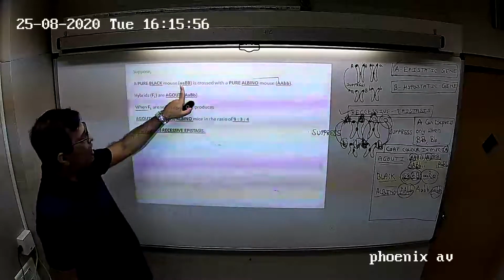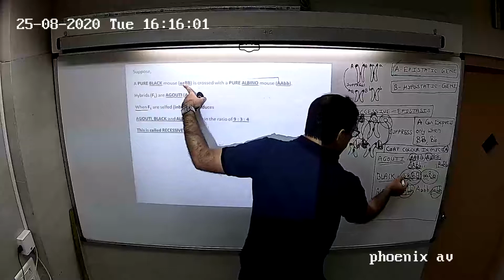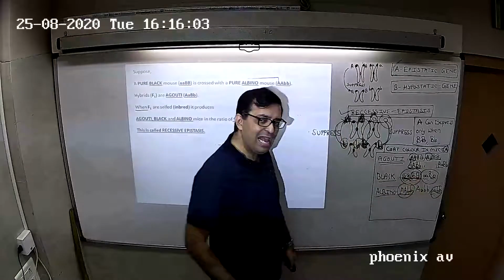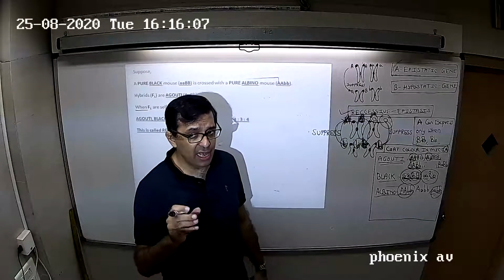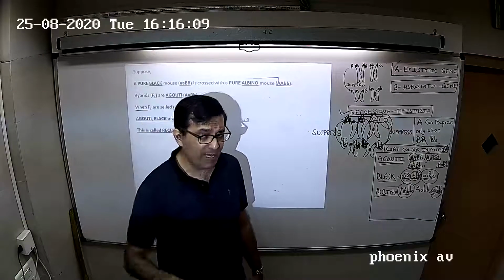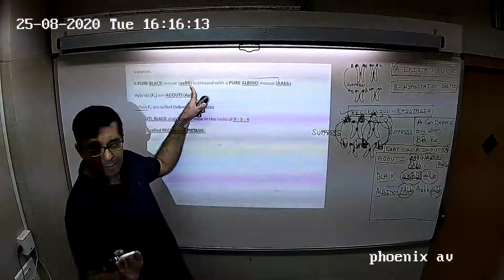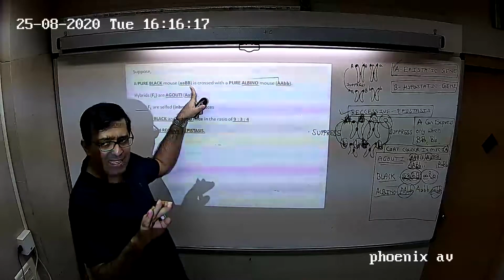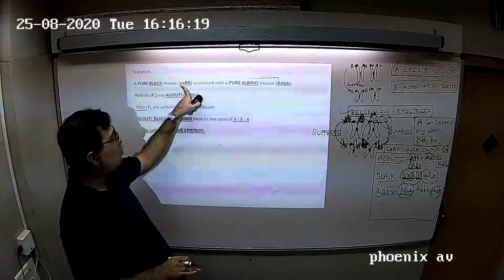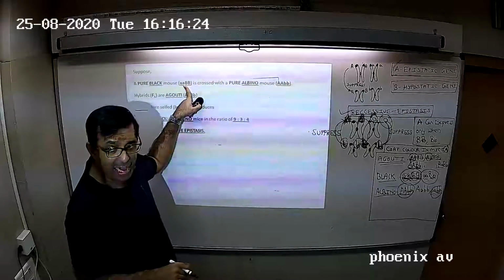Now, what does small a produce? Black. But capital B is there, so what will it become? Black, because there is no recessive epistasis. It is not small b. Thank God, it is capital B. So with no recessive epistasis and small a, it will form black.